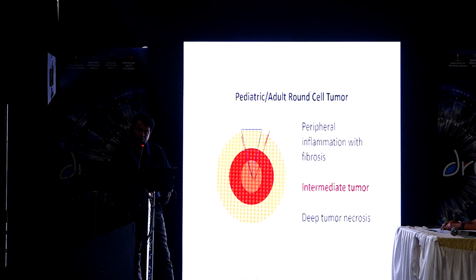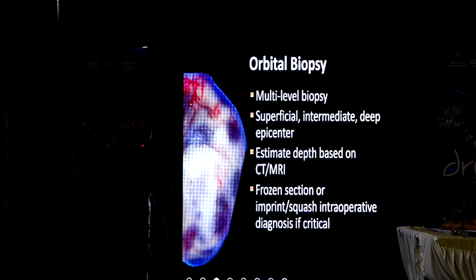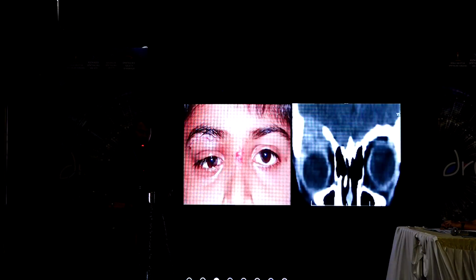So how deep you go is absolutely determined by imaging. So the concepts in orbital biopsy are that we should do a multi-layer biopsy, superficial, intermediate and deep past the epicenter, estimate the depth based on imaging, and frozen section and imprint and intraoperative diagnosis may be critical.